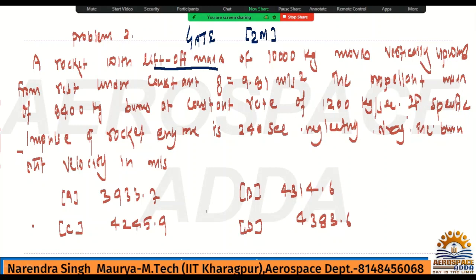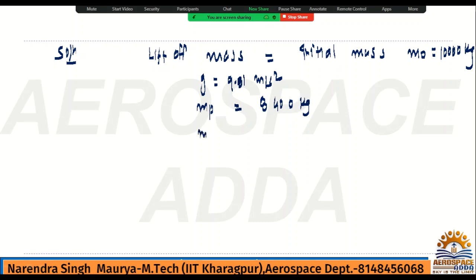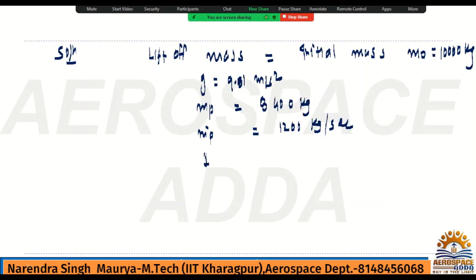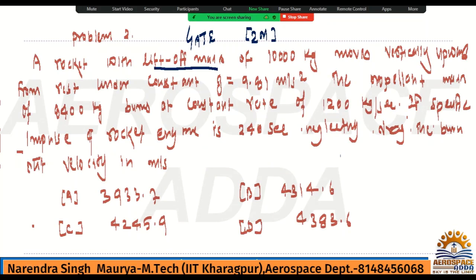So this is m dot p, 1200 kg per second. Then specific impulse Isp they have given us, 240 seconds. Neglecting drag.